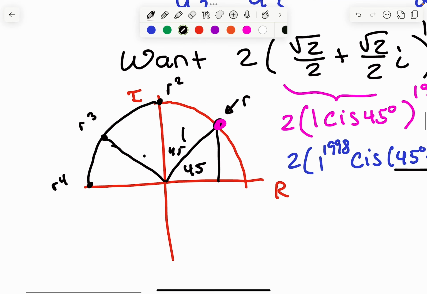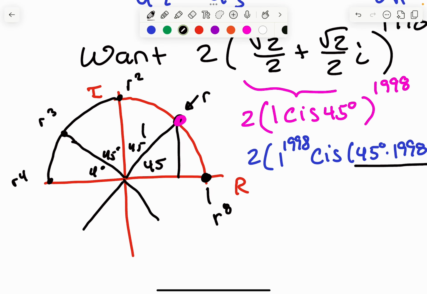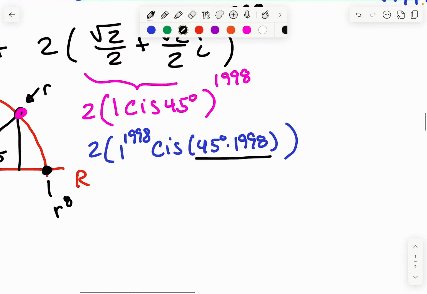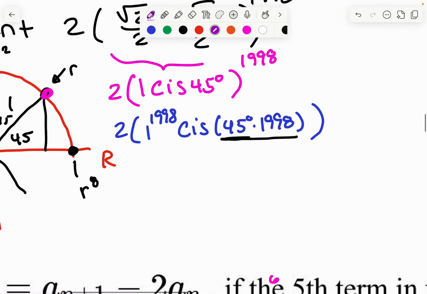So the point is, I can tell now that I'm back here, I'll reset to 1 every time I've exponentiated to a multiple of 8. So the question is, how many multiples of 8 is 1998? Let's just go off to the side here. We want to know how many, so I'm going to divide 8 into 1998.